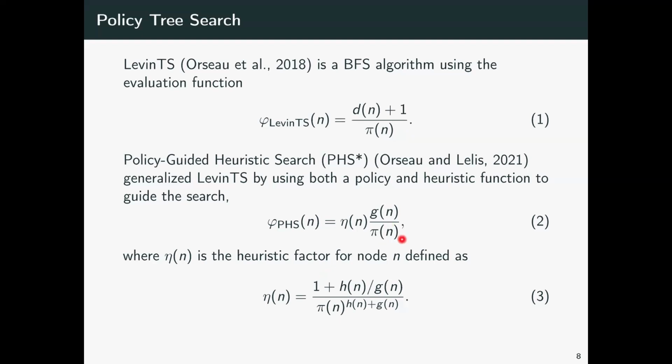But if I had an estimate of the cost to the goal, then we can have an estimated depth of that goal node, which is g plus h. And if I want an estimated path probability of that goal node, then I can average the path probability that I've incurred over how deep I am in the tree, and then extrapolate that out to how much deeper I think that goal node is. It's just a way to include heuristic information into these policy tree search algorithms.